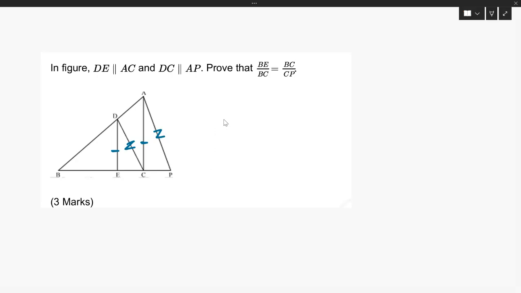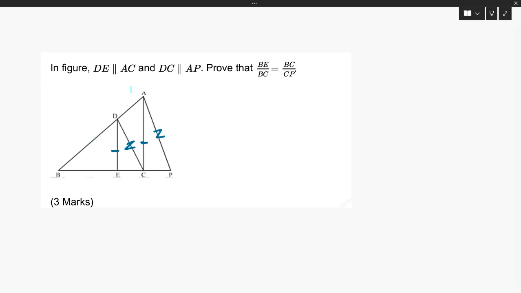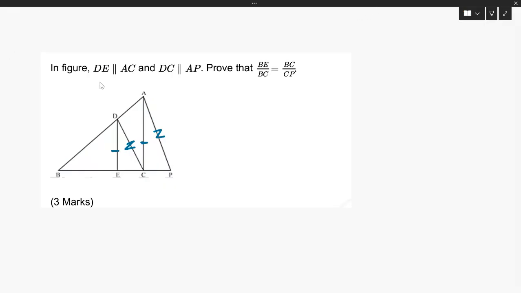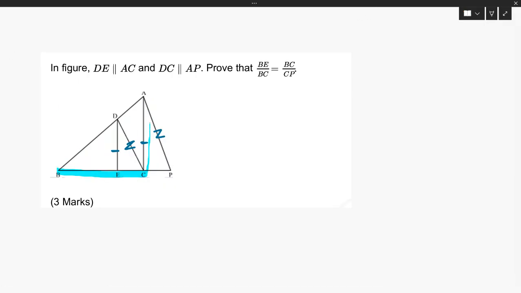Okay, chalo. Let us divide it into two triangles. One is this triangle, BAC, wherein DE is parallel to AC. Can you see this triangle?